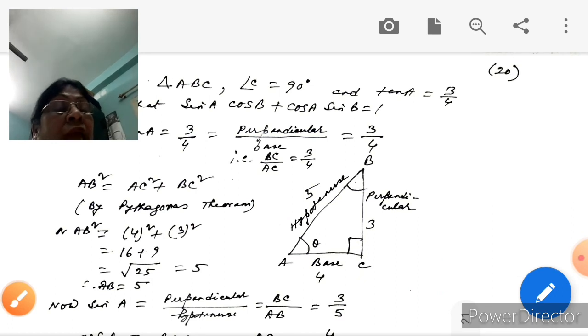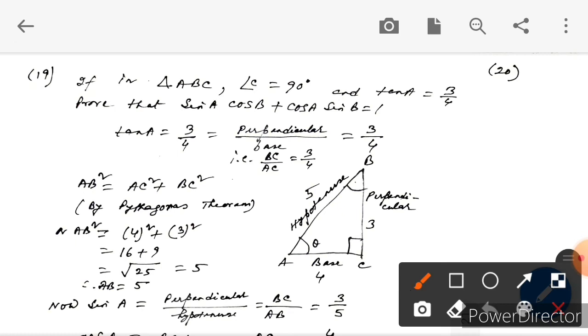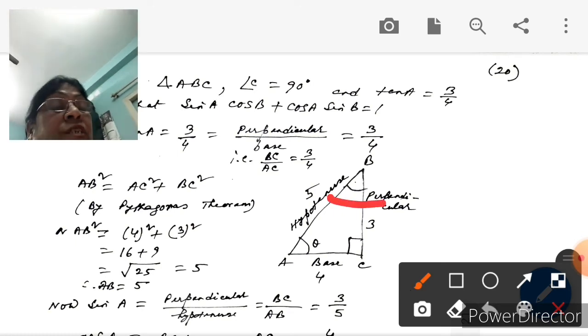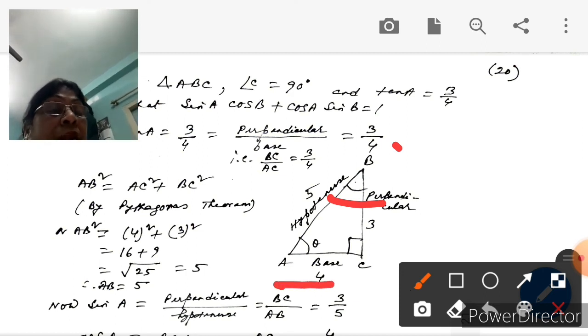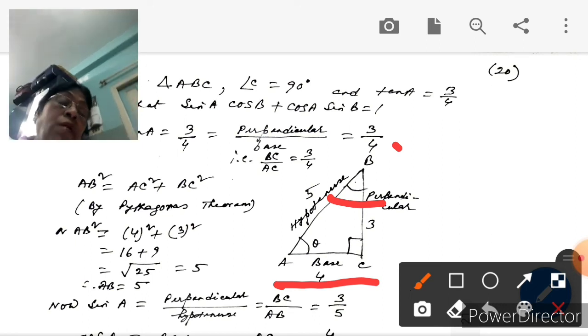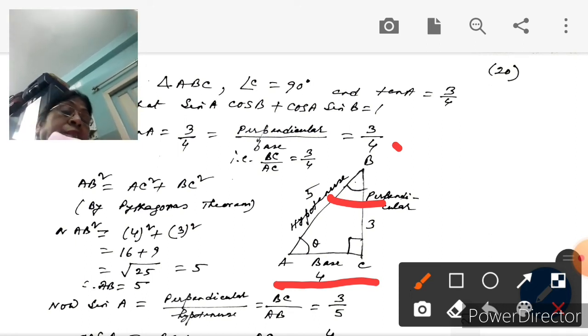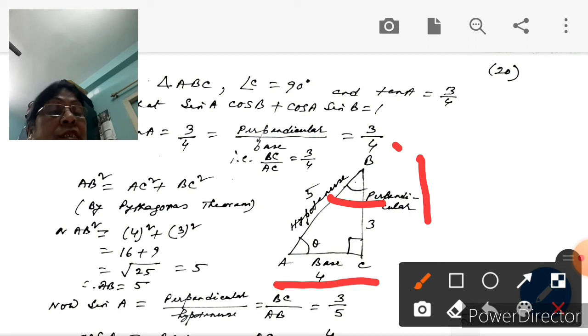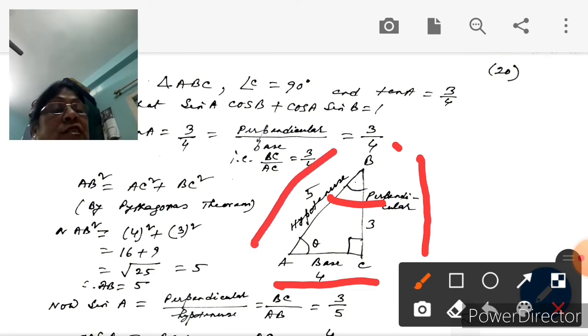When angle CBA is considered, the opposite side of the acute angle is called perpendicular, so perpendicular is AC, the adjacent side is called base, so BC is base, and hypotenuse is the same.